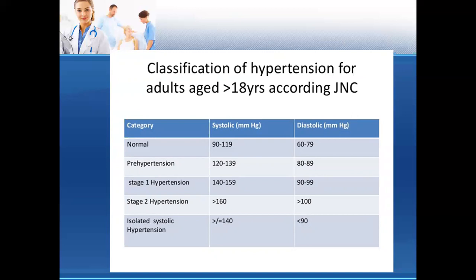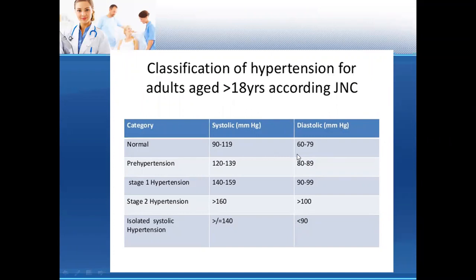For the normal, the systolic should be more than 90 and less than 120, in between, and the diastolic is less than 80, basically.